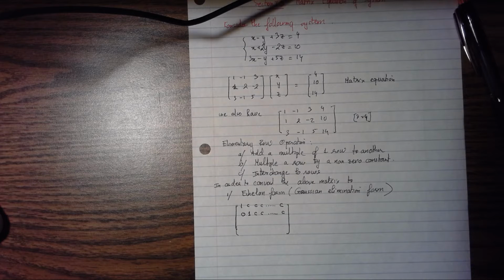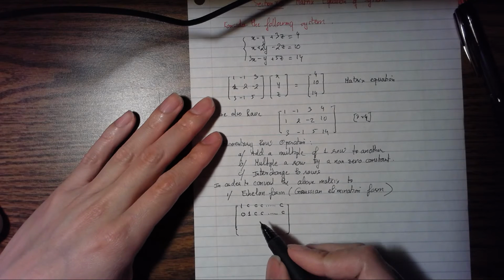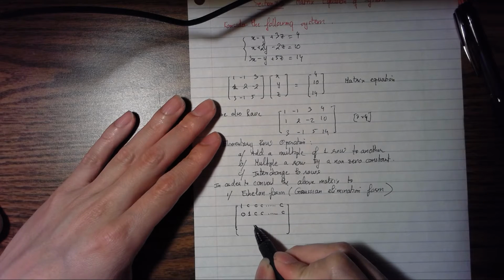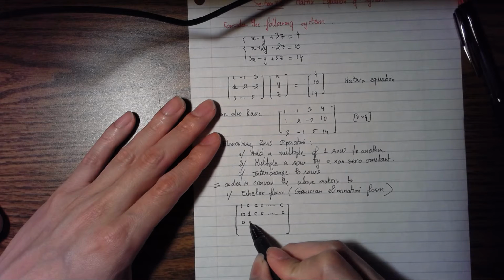Alright. So you're going to have something like that for all the entries. However, the leading entry of each row will be on the right hand side of the leading entry of the row above. For example, over here I can have 1 and 0, 0, 0 here.